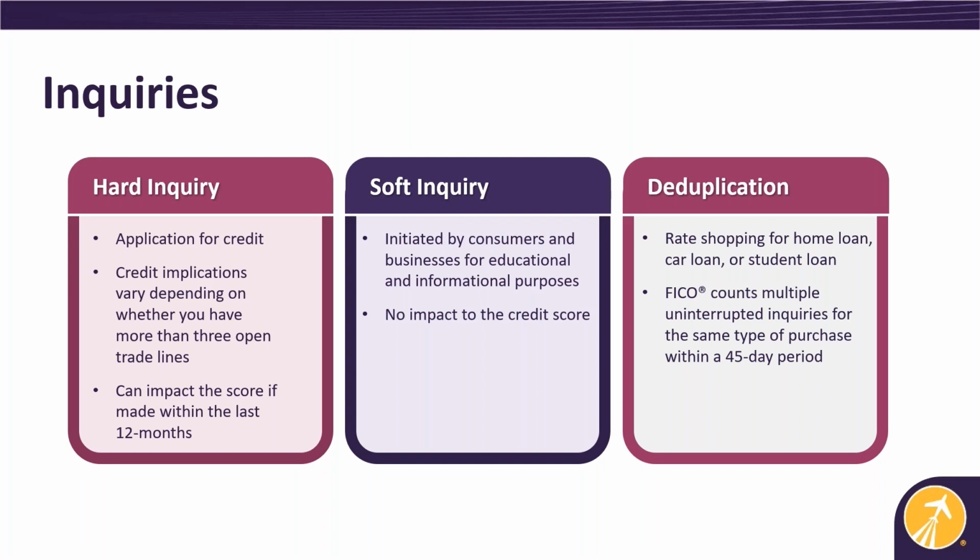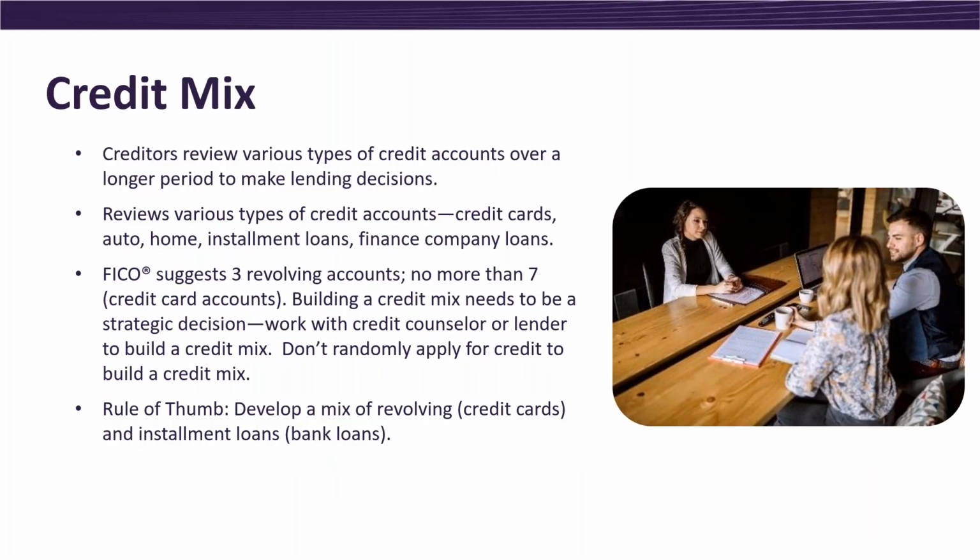A hard inquiry really is when you're asking someone to loan you money. All that information, again, is listed on the credit report. And then the credit mix. And this is where I talked about those accounts and the types of credit that will be reported on a credit report, being revolving or installment or different service lines.